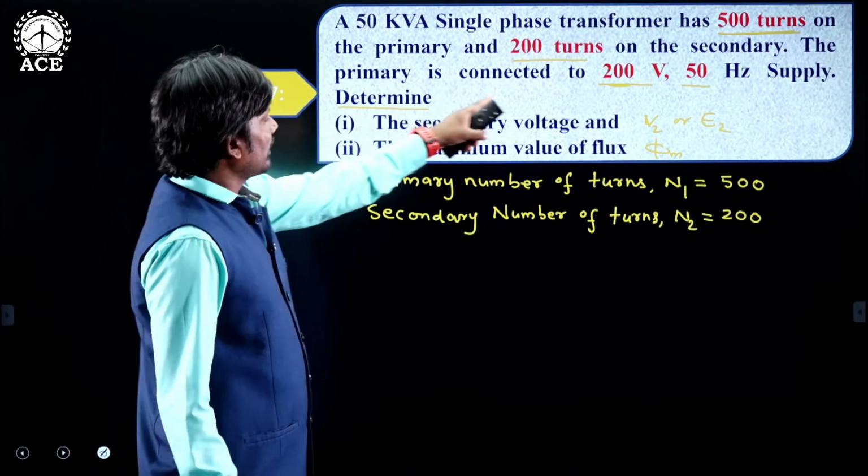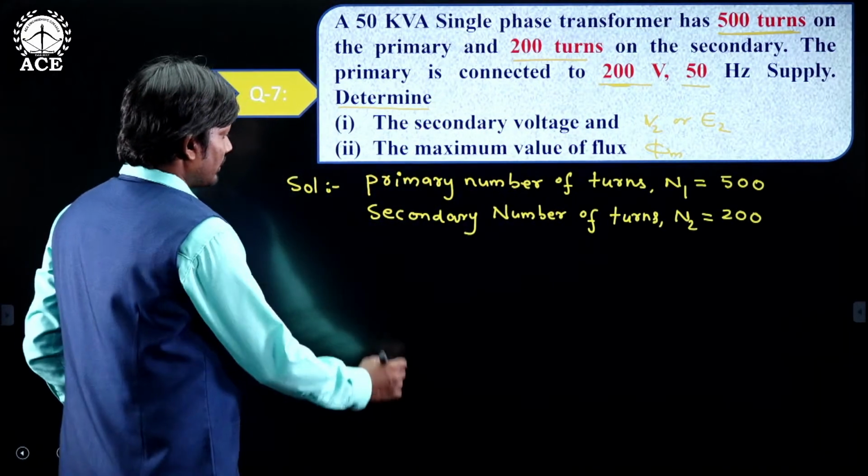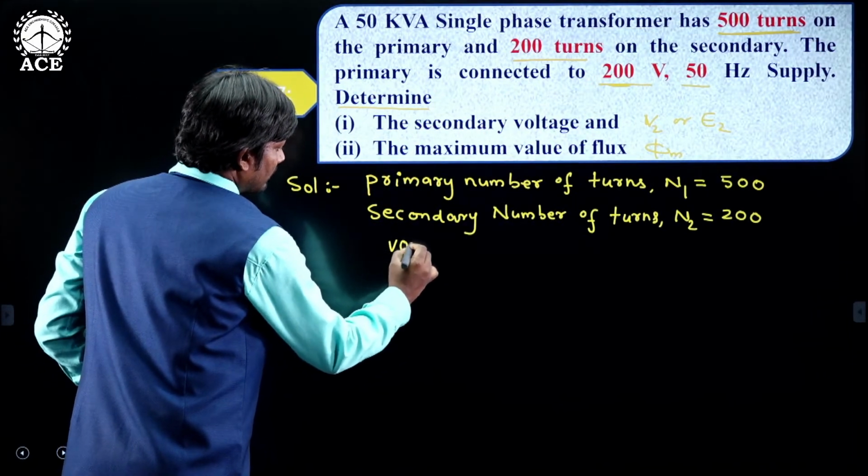Now the primary is connected to 200 volts, so the voltage is also given.